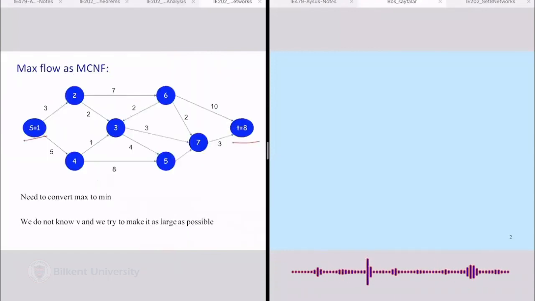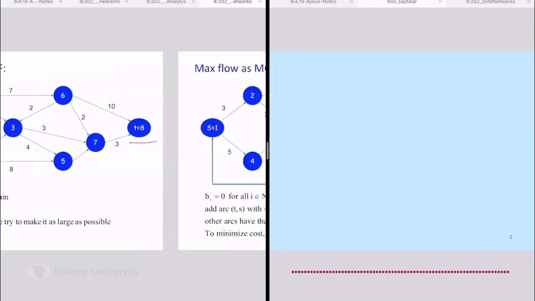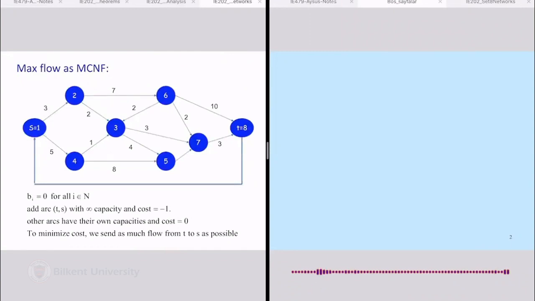I have to make sure that this thing is as large as possible from S to T. Now, here's the trick that we're going to do. We're going to introduce an additional arc from T to S. Now, everybody's B will be 0.